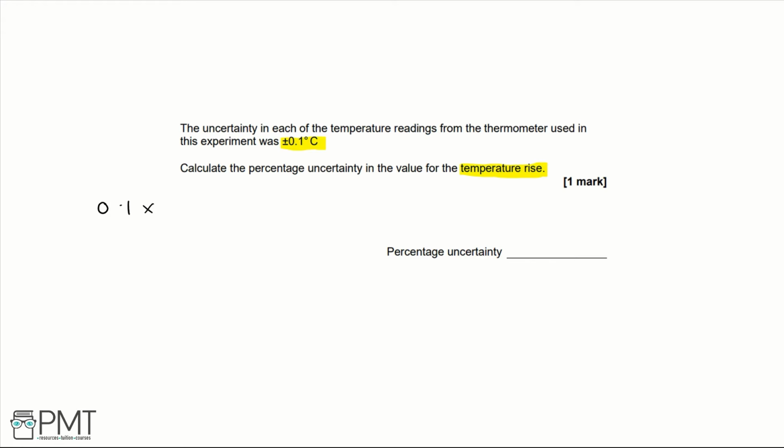So we use 2 temperature readings and we subtract them to work out temperature rise, so we need to multiply by 2. And then you divide by the value that you find, which is 2.1 degrees Celsius. And then we multiply by 100 to calculate a percentage. And this equals 9.5%, which we can write on the answer line as the percentage uncertainty. To get the mark for this question, you need to write 9.5%.